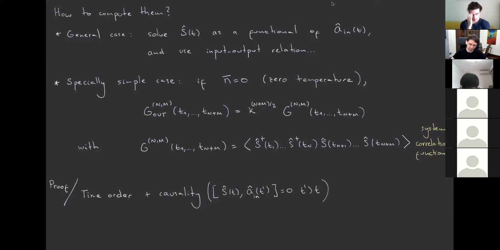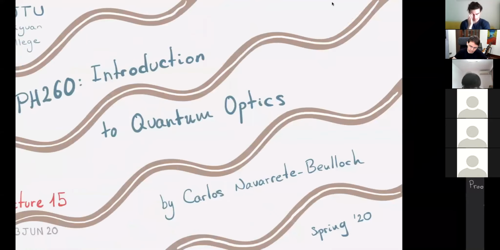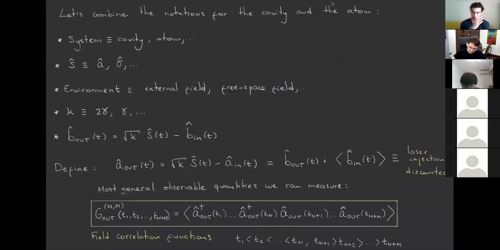Okay? So with these two things, when we come to expressions such as this one, whenever we write A out in terms of S and A in, we will have products of S dagger operators with A dagger operators and S operators with A in operators and so on.